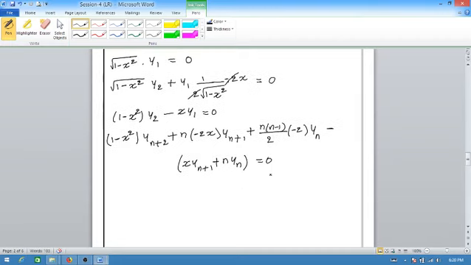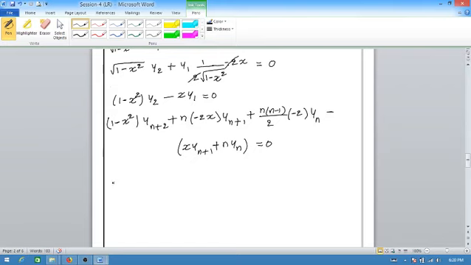Now take the common terms. So 1 minus x square into yn plus 2, right, then yn plus 1th term. So plus I will write, so this is minus 2n x, right? X also I can take common.